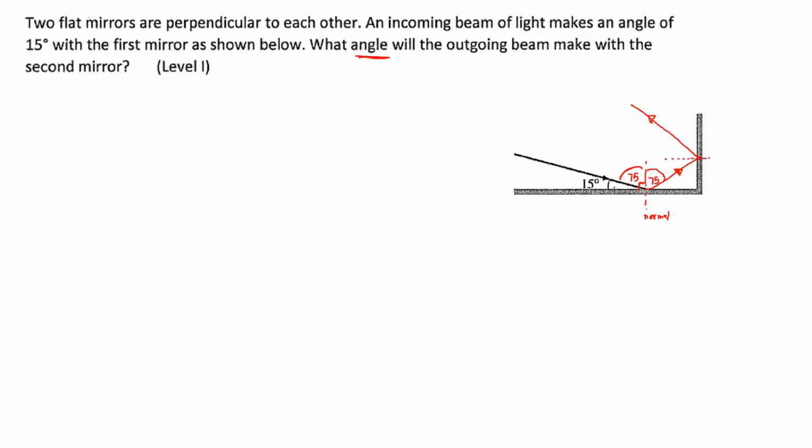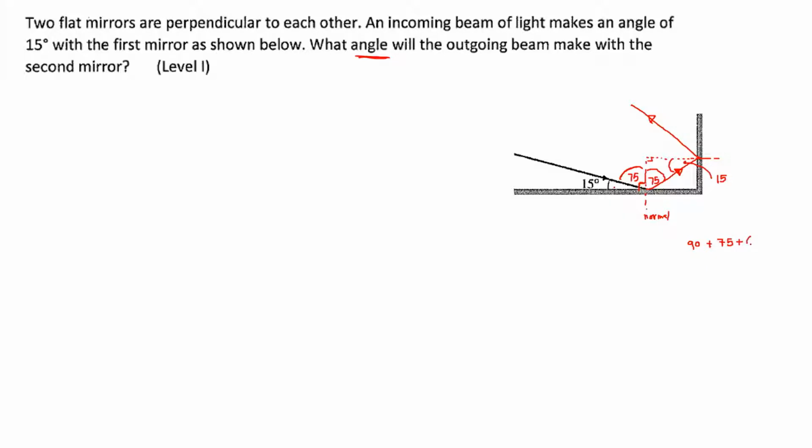Okay. Now the problem is figuring out this angle. So how to find it out? So if I extend this, I can complete this triangle, right? So if this is 75, this is 90, what should be this angle? It is 15, right? Because this is 90 plus 75 plus this angle.